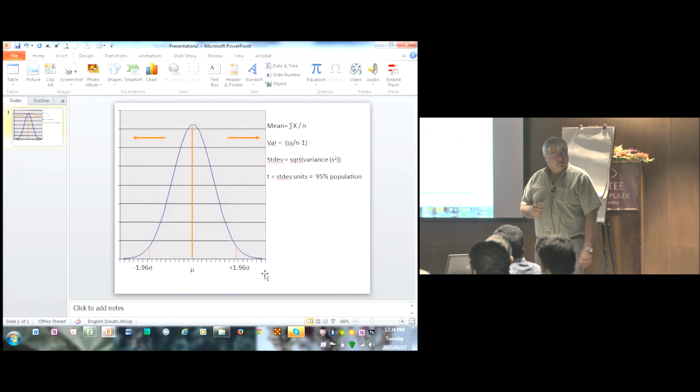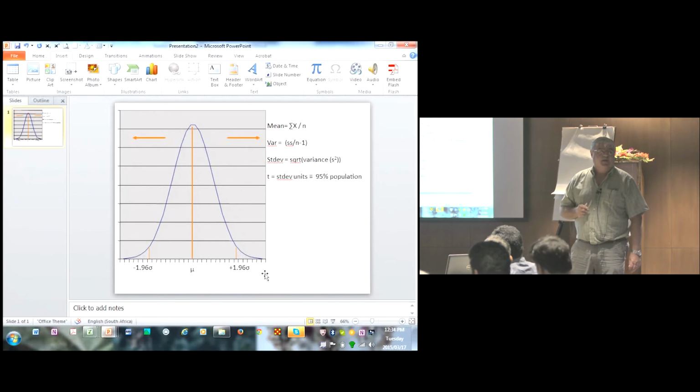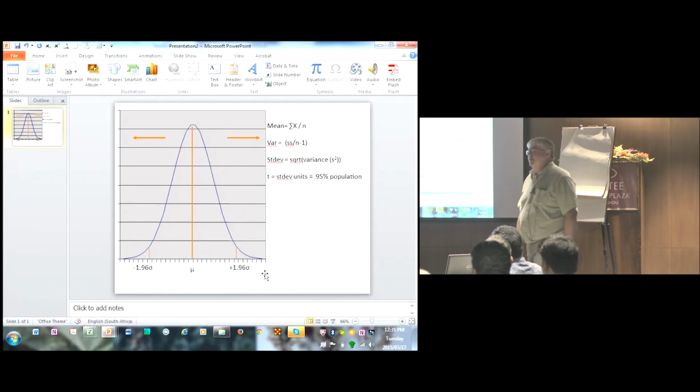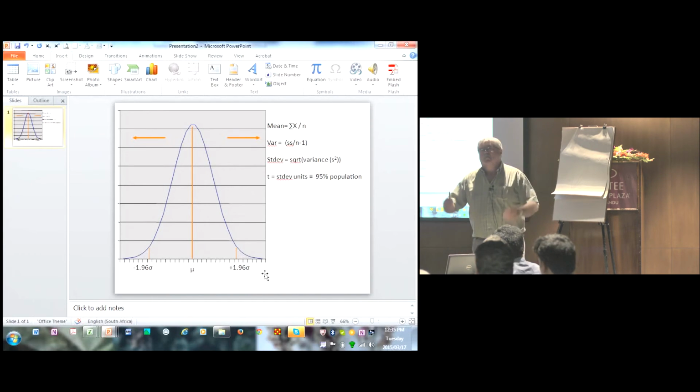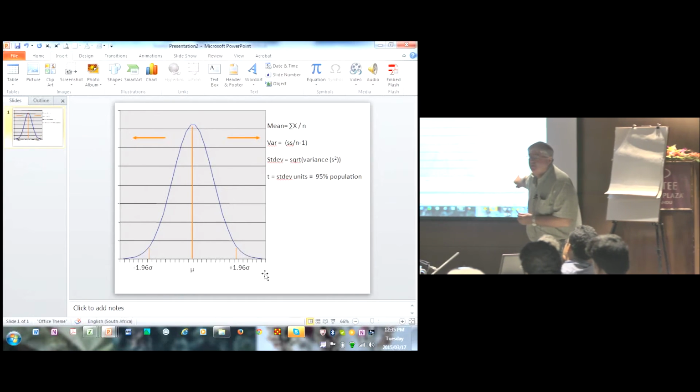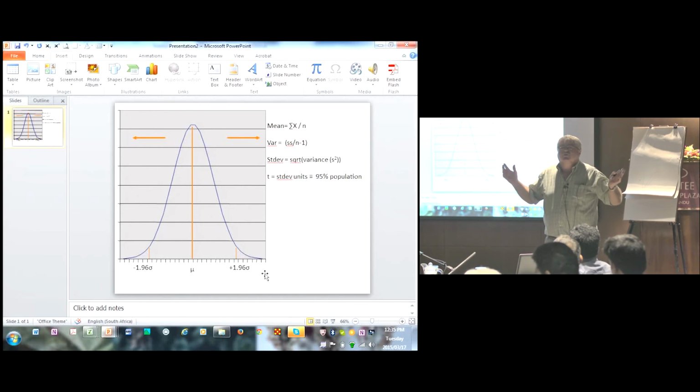It is dependent on the degrees of freedom. So if you have more than, let's say, 120 samples or sampling units, you use 1.96 because that is big enough to say with confidence that you've got 95% of the population.